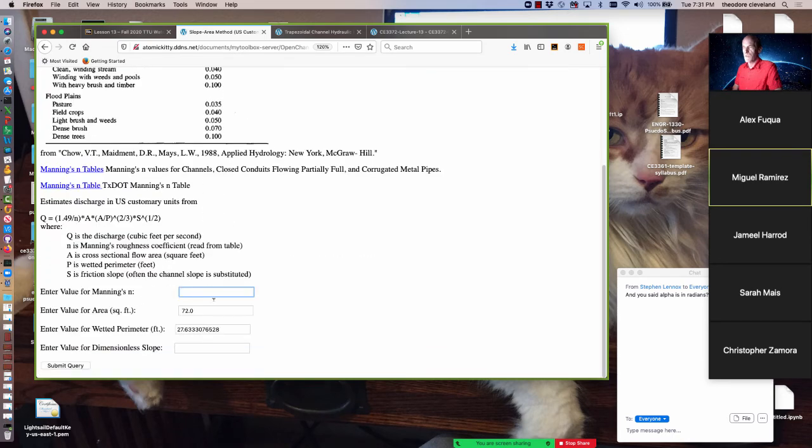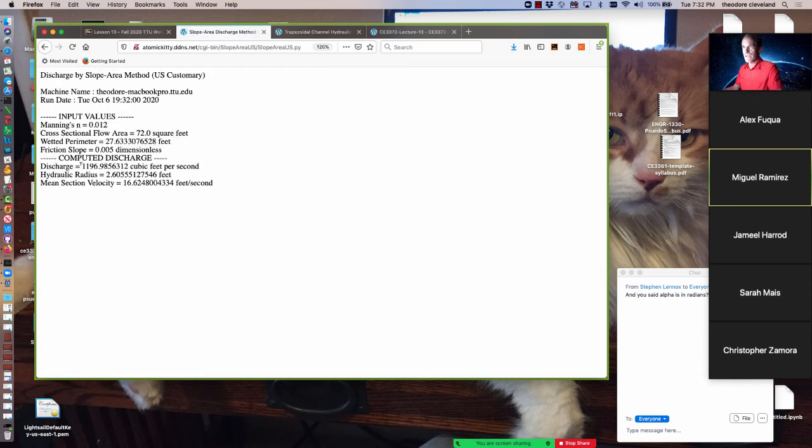Let's use 0.012 because I'm lazy. Manning's n. And then we have to supply the value of dimensionless slope, that S term that is in the equation. So let's do 5 parts in 1,000. So that's about 0.5% slope. Run the query, and it says we'll get 12,000 cubic feet per second.